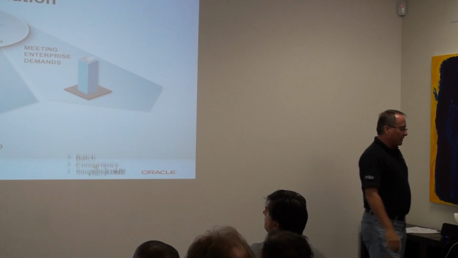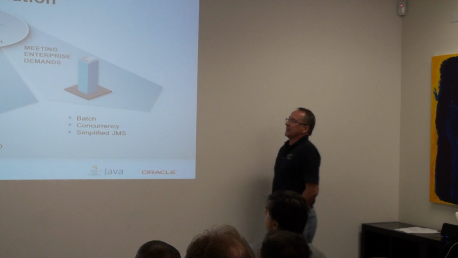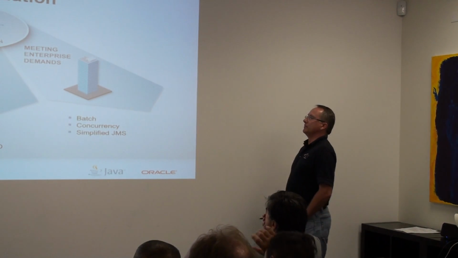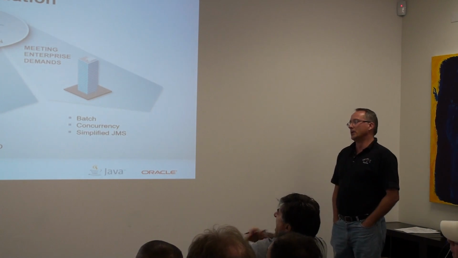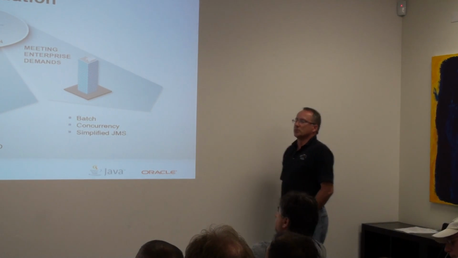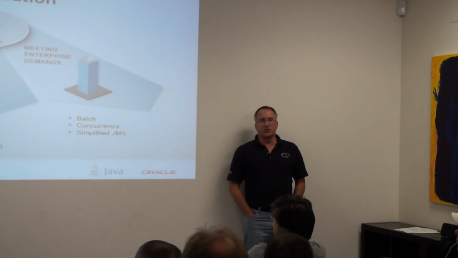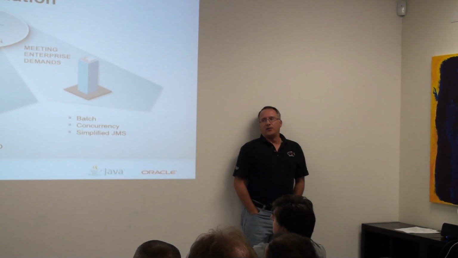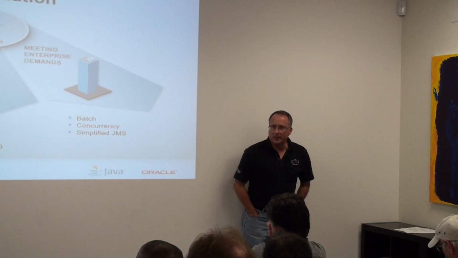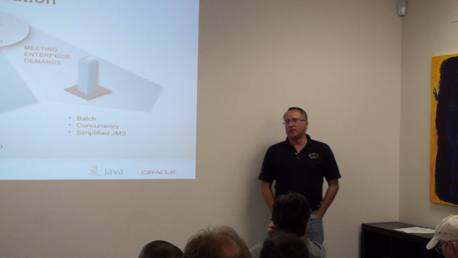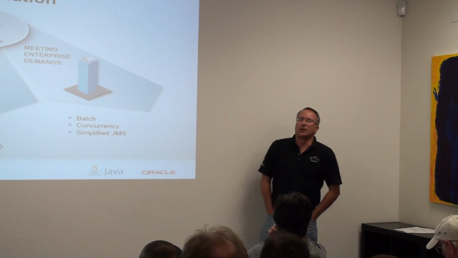So these are basically the themes of Java EE 7. Java EE 7 was launched on June 12th of this year, so it's actually quite new. If you go to oracle.com/javaee, there's a landing page where you can learn all about Java EE and Java EE 7 in particular.